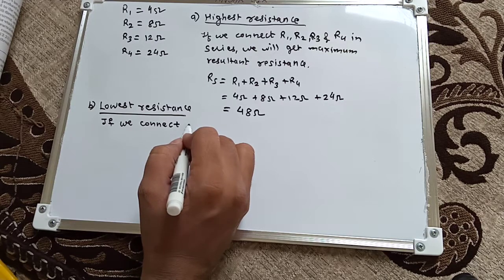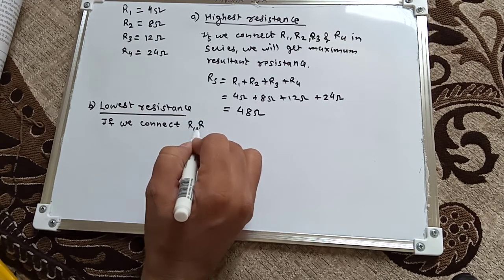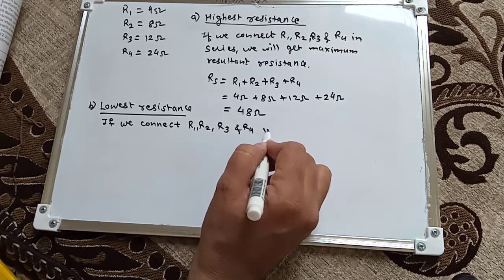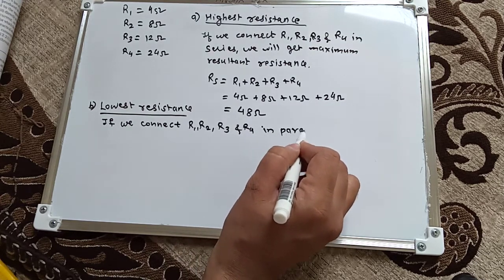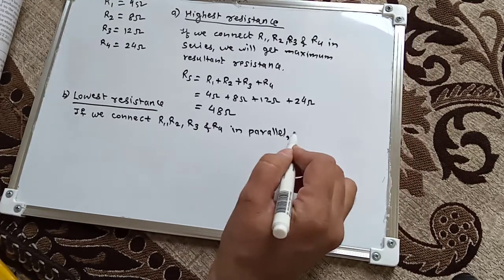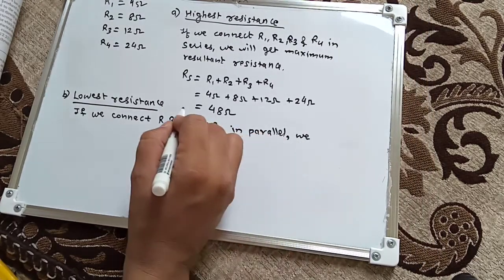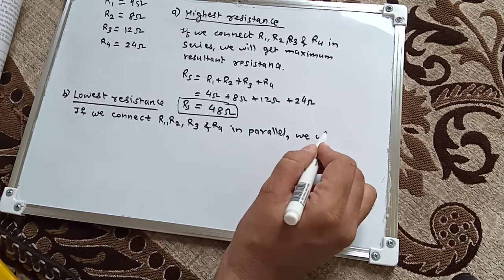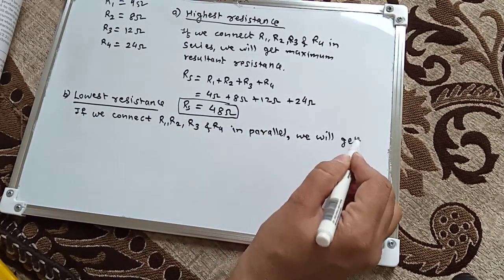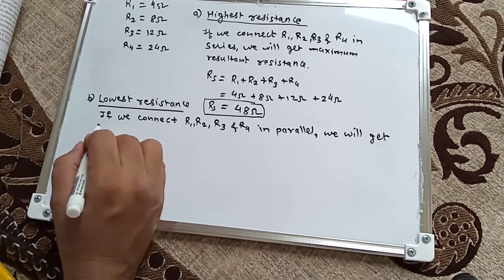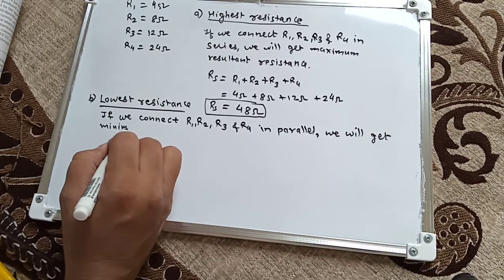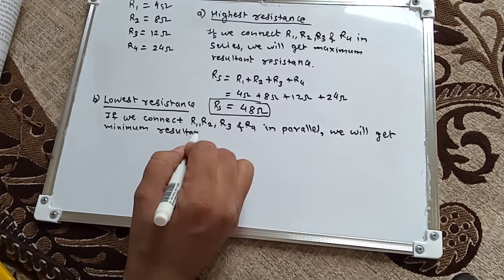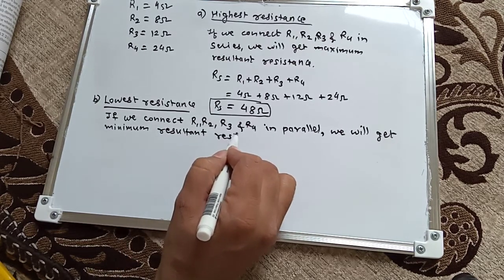So if we connect R1, R2, R3 and R4 in parallel, we will get minimum resultant resistance.